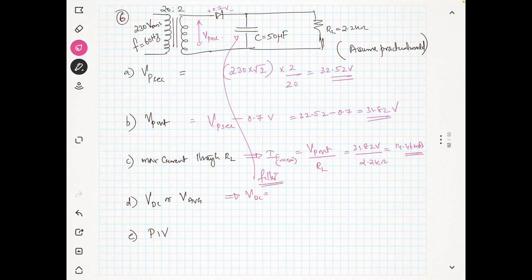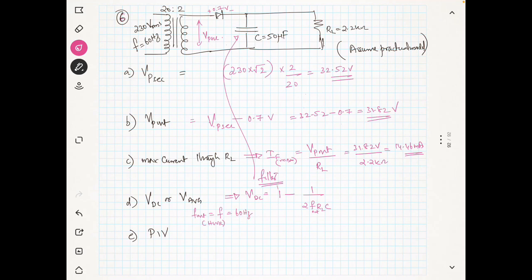Due to this filter, you know that VDC is equal to 1 minus 1 by 2 into F into RL into C, and this F is nothing but F out. And what is F out? F out is equal to F in for a half wave rectifier. In a full wave rectifier it will be 2 times F. But here this is a half wave rectifier, so it will be 60 hertz.